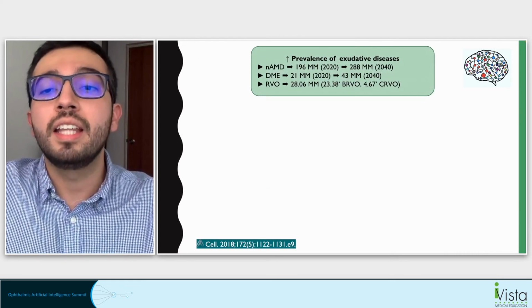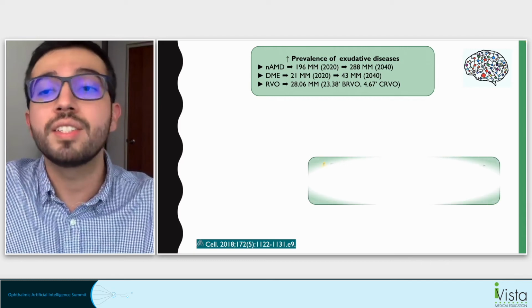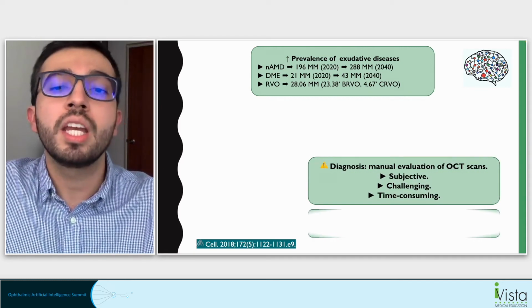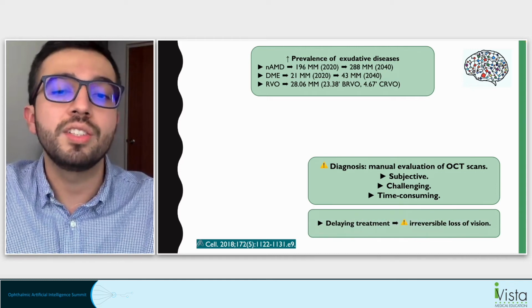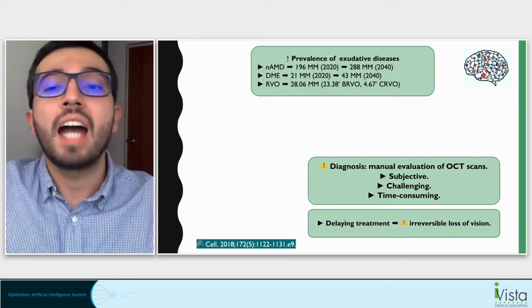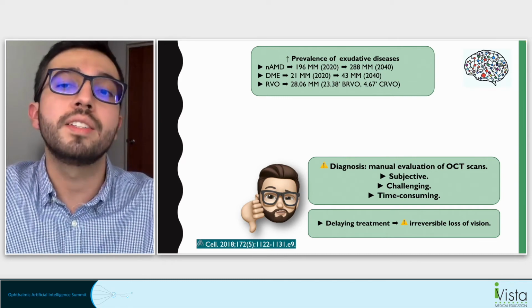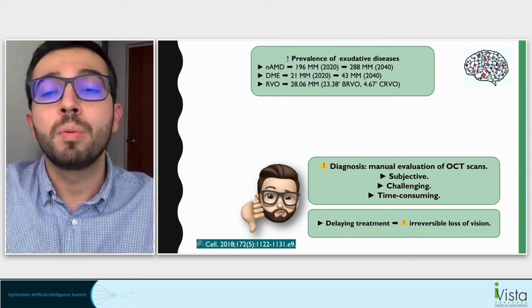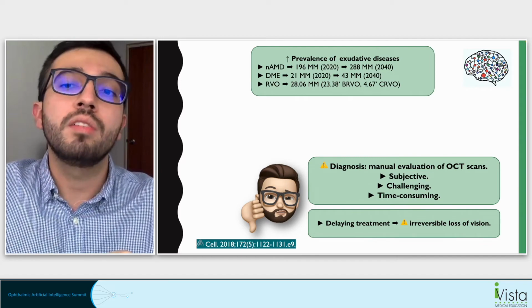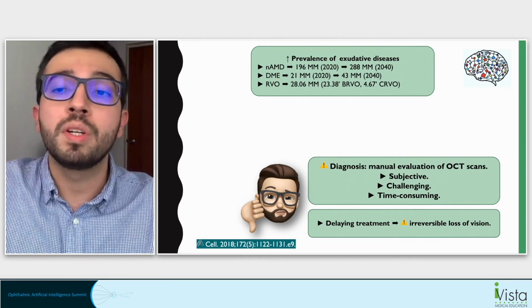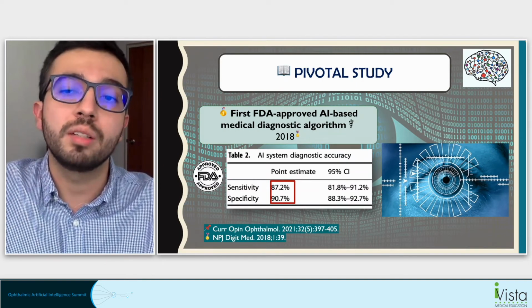Nowadays, the diagnosis still relies on the manual evaluation performed by the expert evaluators, which is a subjective, challenging, and time-consuming process. And here is where artificial intelligence can arise to overcome these needs, in order to provide the advantage of having a lot of information of data in a very short time.